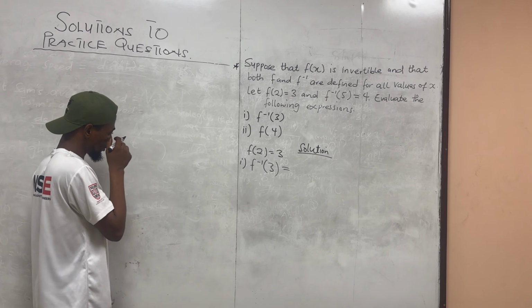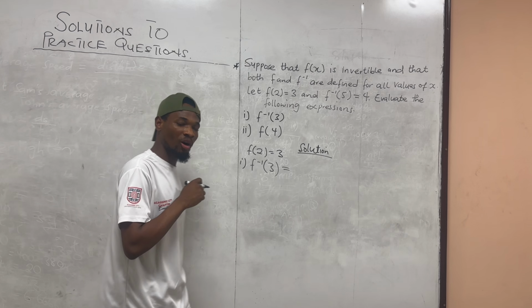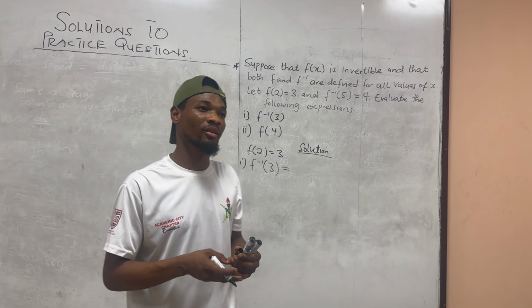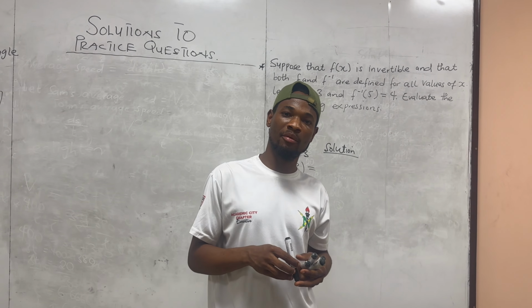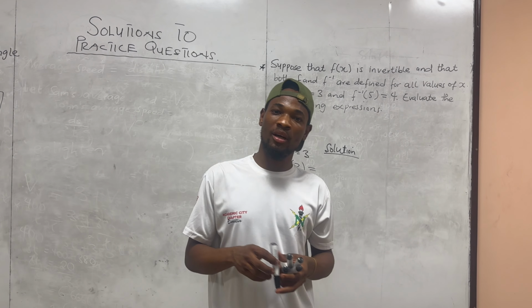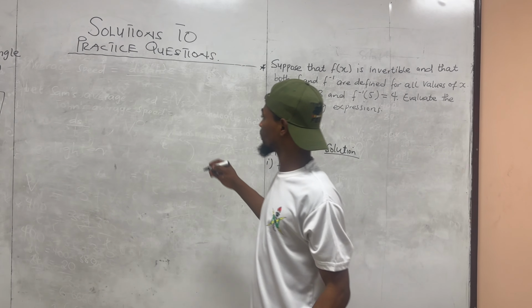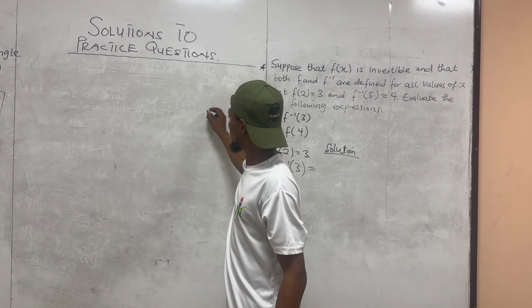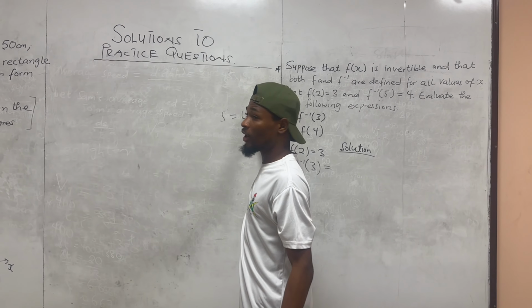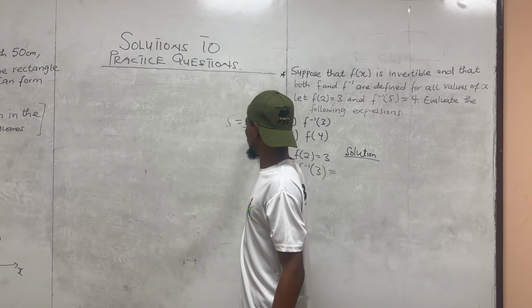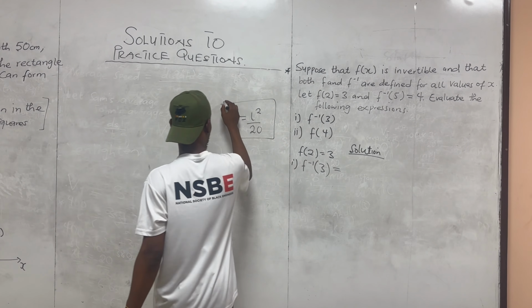Remember when we were solving the practice question where we were considering speed, measured in miles per hour, and we developed an equation this way. S is equal to L squared over 20. I hope you recall this.